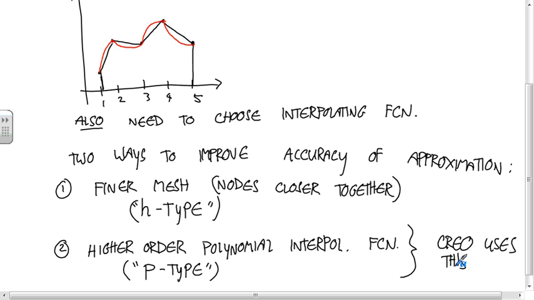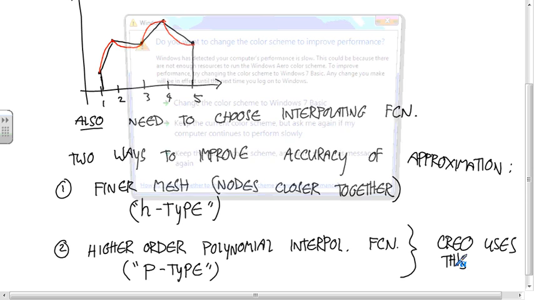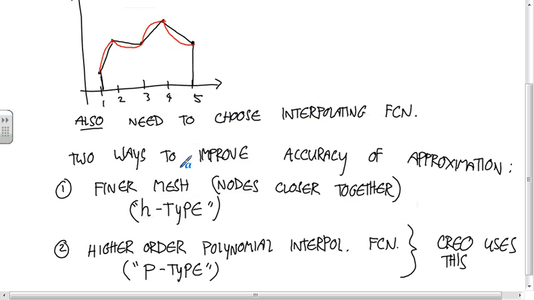The downside is doing all these calculations with higher order polynomials is also computationally expensive. So you gain some and you lose some. Anyone have any questions about that?